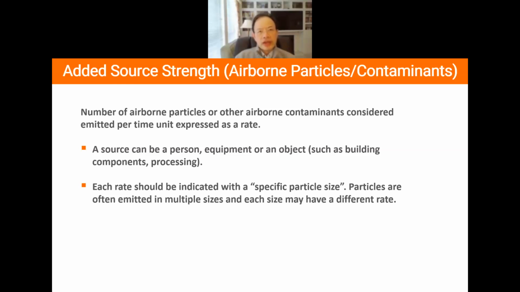Different sizes may be generated at different rates, and this is what we call the profile. At a specific size, you can measure at the site the level of concentration, which tells you the source nearby that generates and contributes to this concentration level.